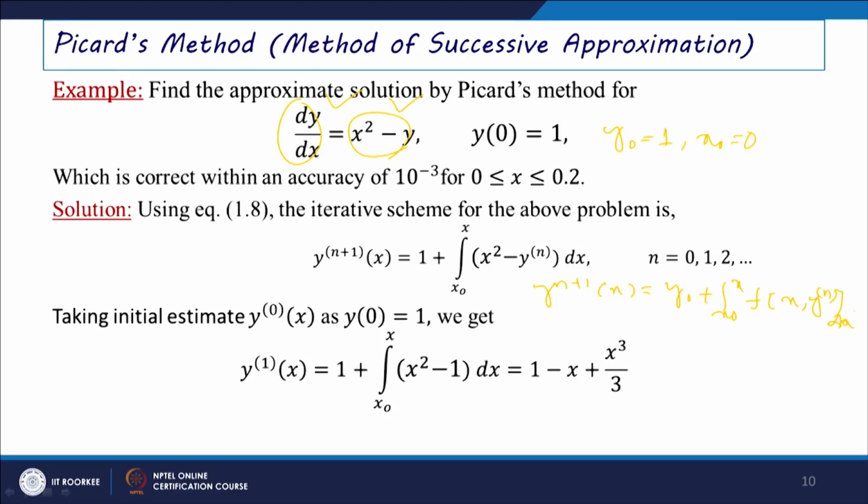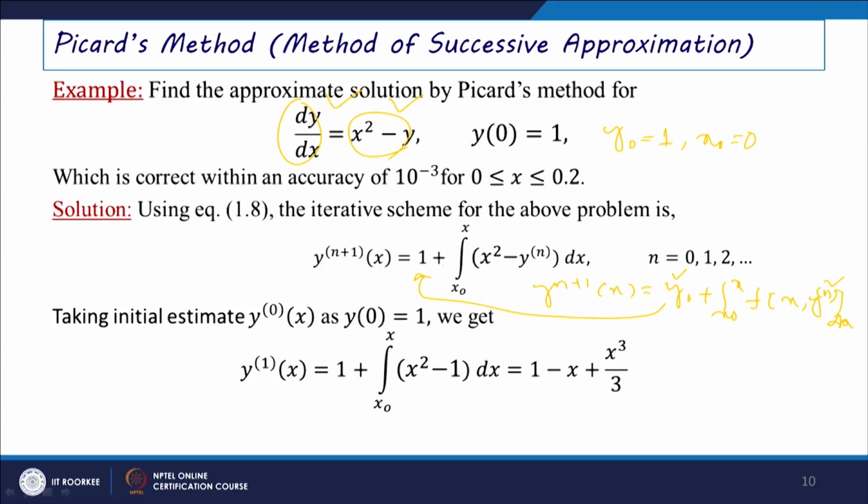So, if you see this problem, f of x y is nothing but x square minus y power n, that is the nth iterated value, and dx is there and y0 is specified as 1. So, this value is replaced by 1 there itself.